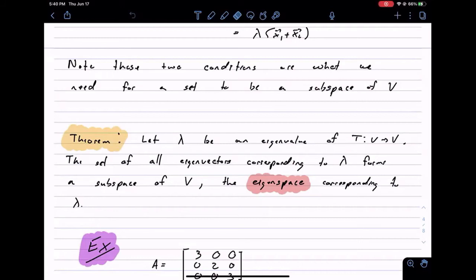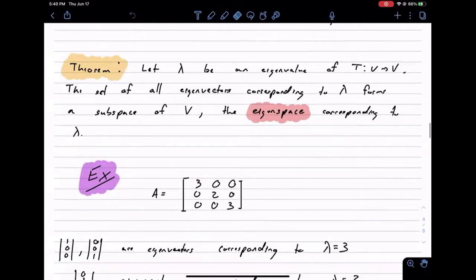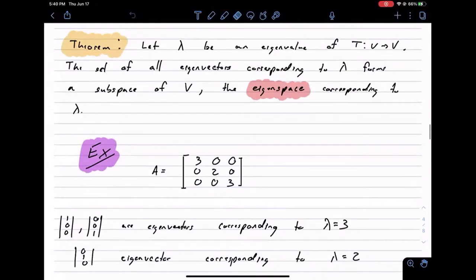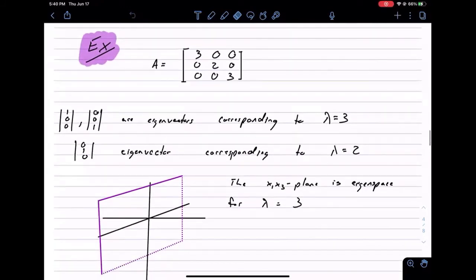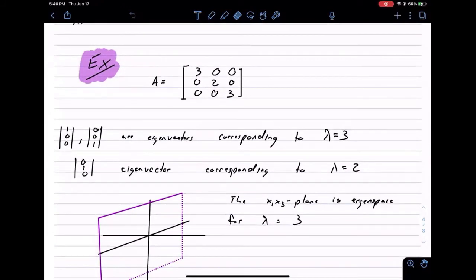Okay. So let's see an example. This matrix here, nice simple matrix. We're going to talk about how we figure this out. I'm just going to give you some facts and you can check them yourself. We're going to see how to figure them out on our own in a little while. Looking at this matrix, the vectors 1, 0, 0 and 0, 0, 1 are eigenvectors corresponding to the eigenvalue of 3.